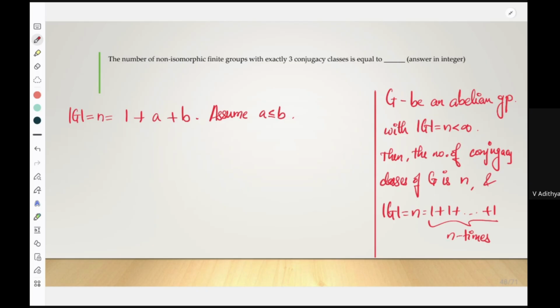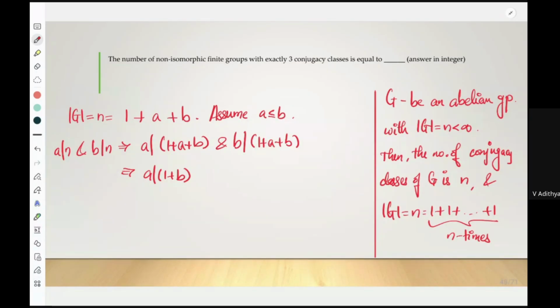Anyways, what else do we know about the parts of the class equation? We know a divides n and b divides n, right? Yes. This implies a divides 1 plus a plus b and b divides 1 plus a plus b. So now this implies a divides 1 plus b, and b divides 1 plus a.